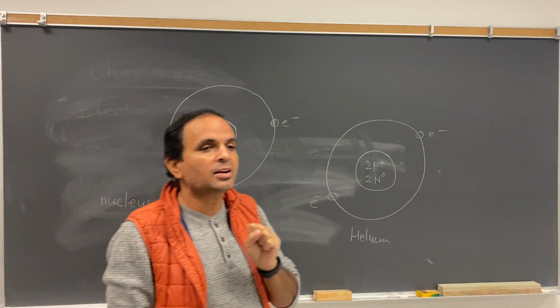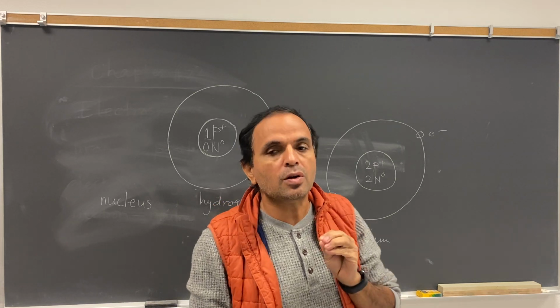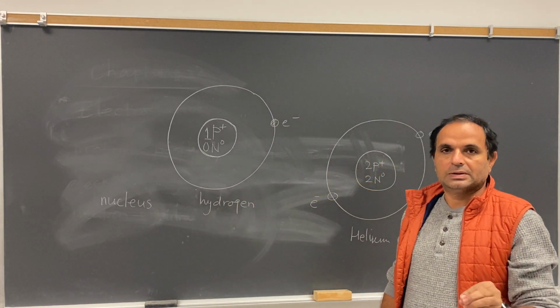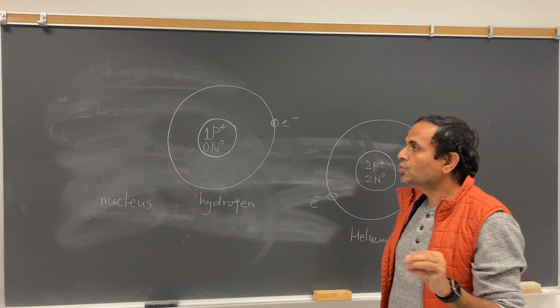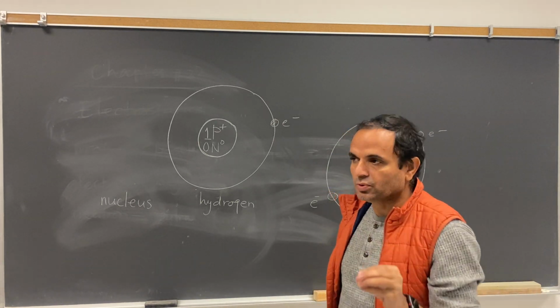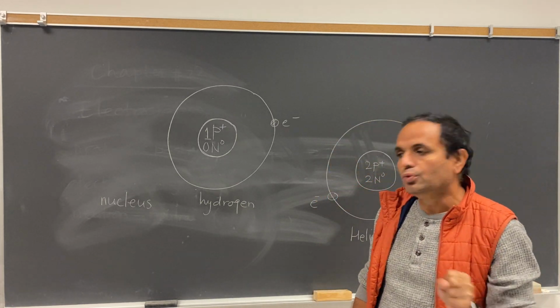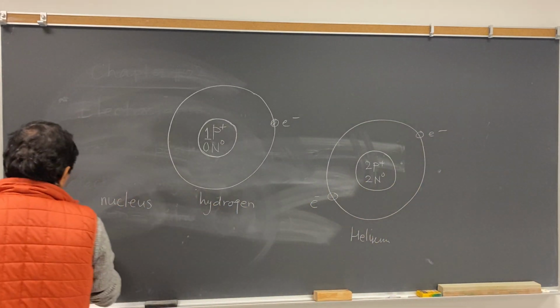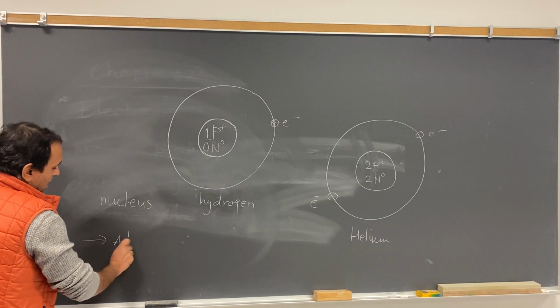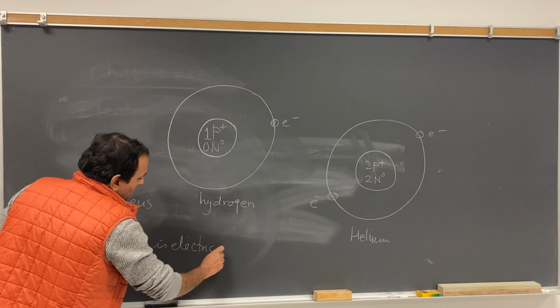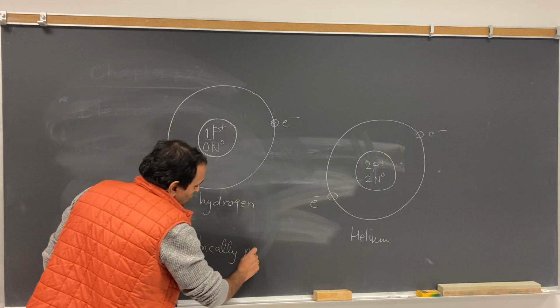If the atom is in ground state, the number of protons is equal to the number of electrons. That's why we say the atom is electrically neutral.